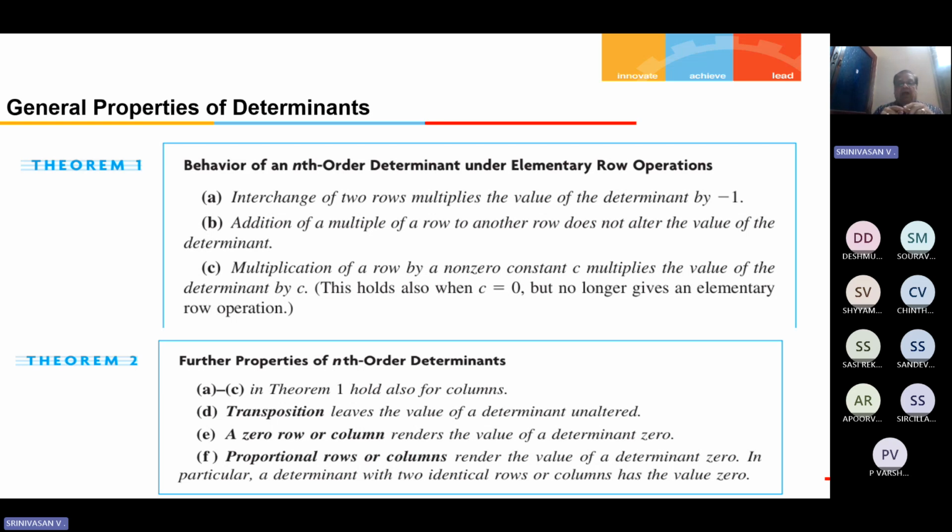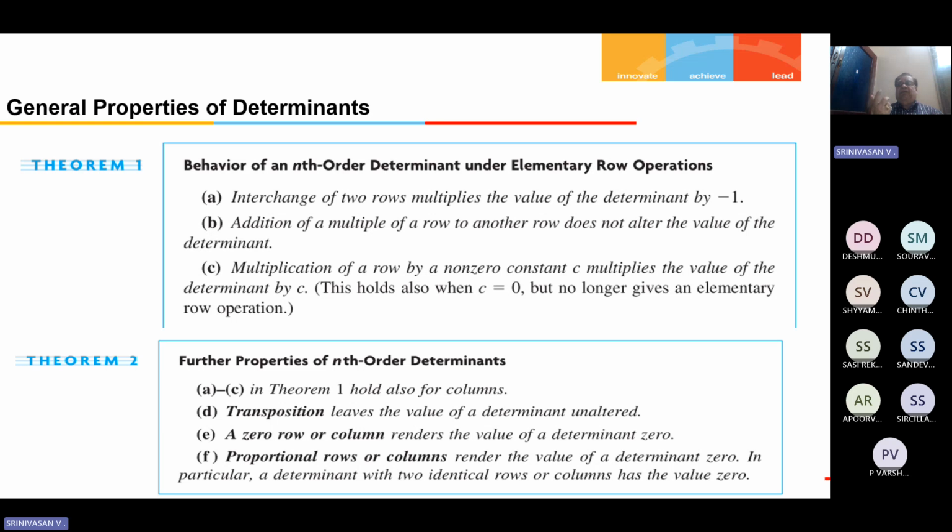So addition of a multiple. This, of course, we have already done under elementary row operation, but we might not have checked it because that was not the property we were expecting of it. So you can check that addition of a multiple of a row to another row does not alter the value of the determinant. Next, multiplication of a row by a non-zero constant C multiplies the value of the determinant by C. So if in any row or column you multiply the elements of the row by a constant C, a scalar C, a non-zero constant.